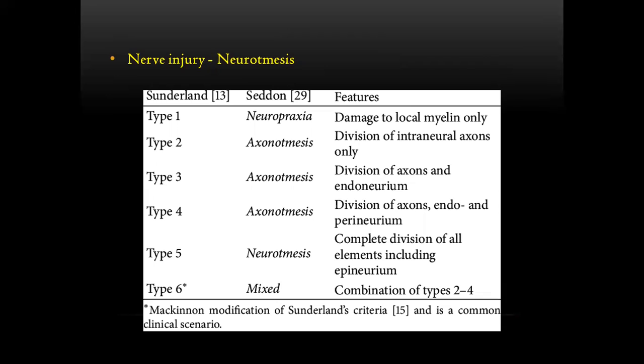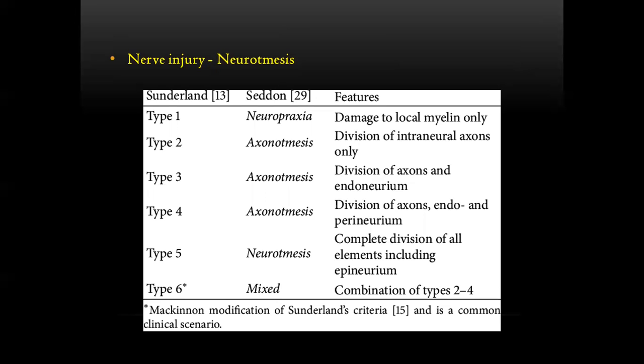The next question was about nerve injury. Nerve injury is of three types: neuropraxia, axonotmesis, and neurotmesis, according to the Seddon classification. In the examination, they have asked about neurotmesis, in which there is a complete injury of the nerve; the nerve was cut through and through.